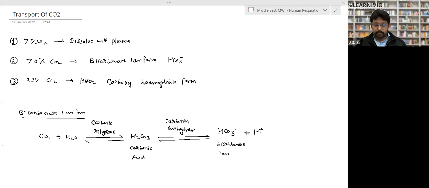The liberated hydrogen ion, it's very important, underline the sentence.